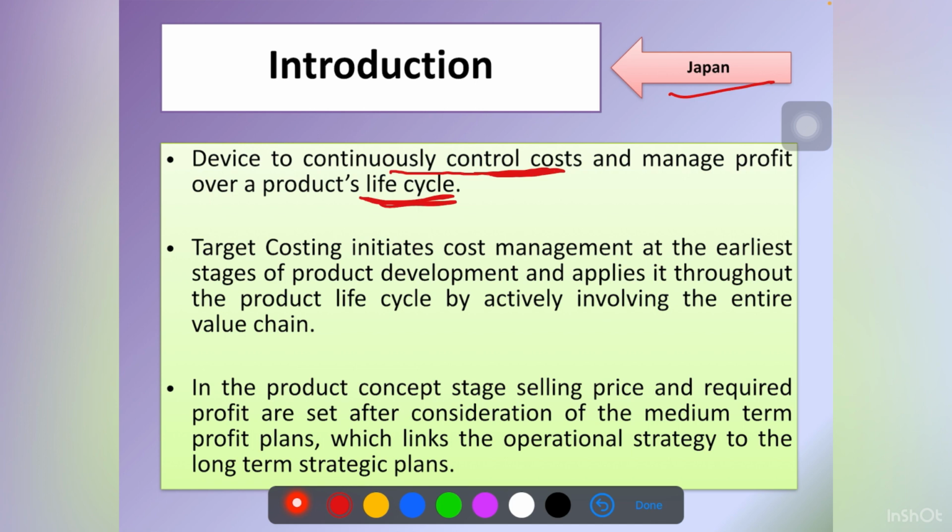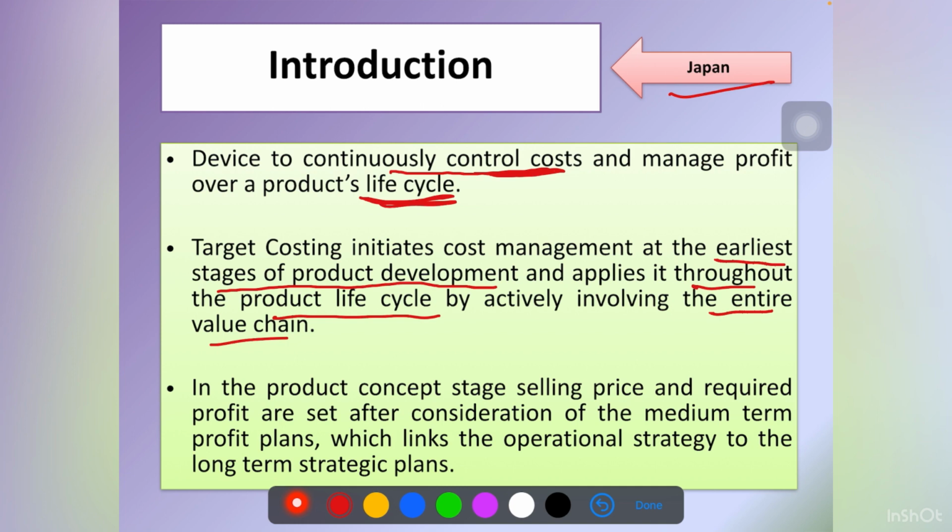This suggests that it starts at the initial stages of product development and applies throughout the product life cycle by actively involving the entire value chain. Now what does this mean?